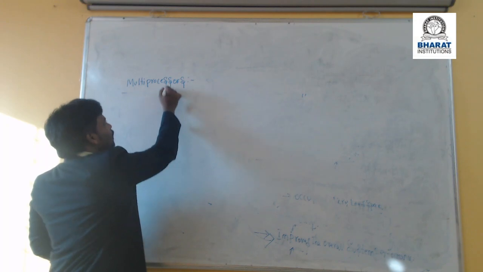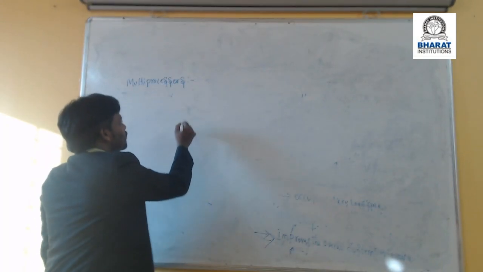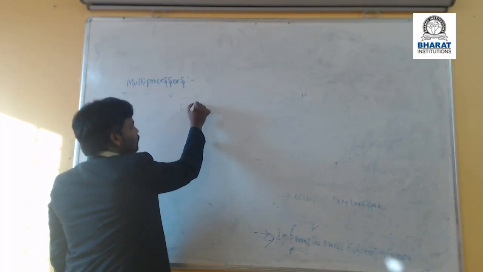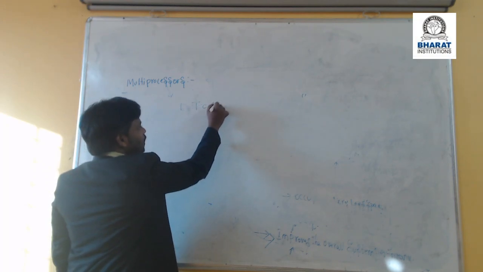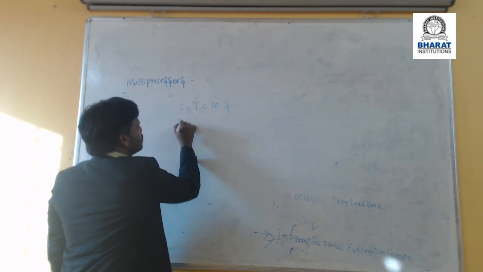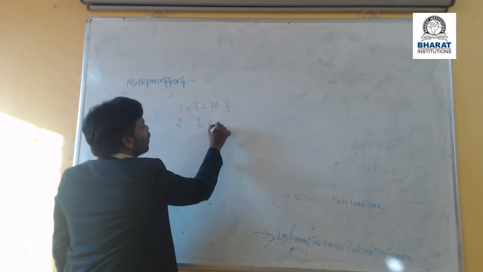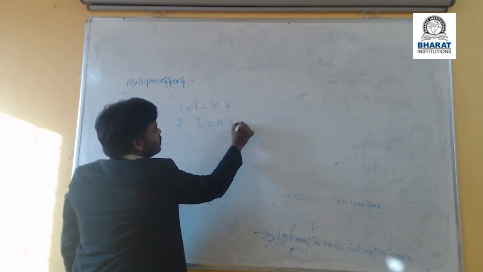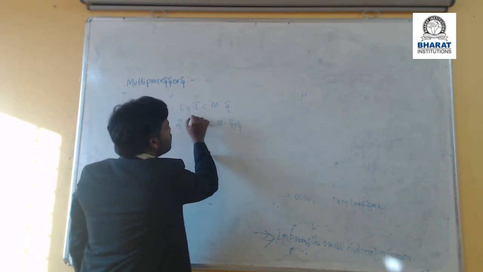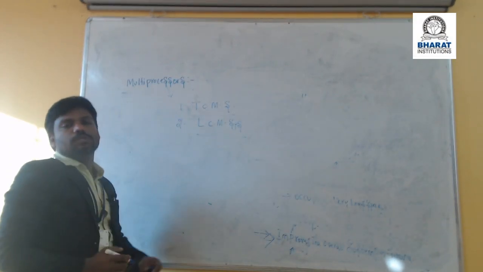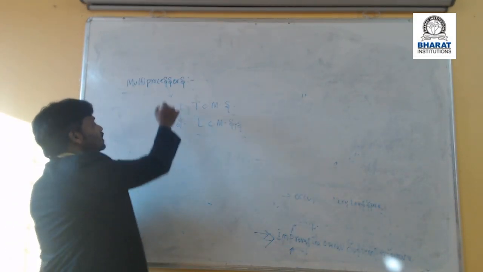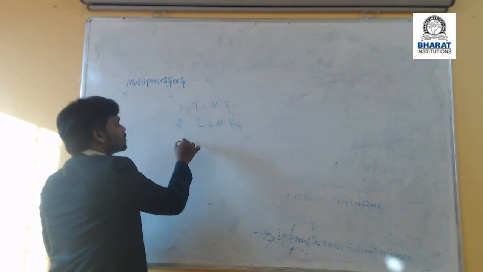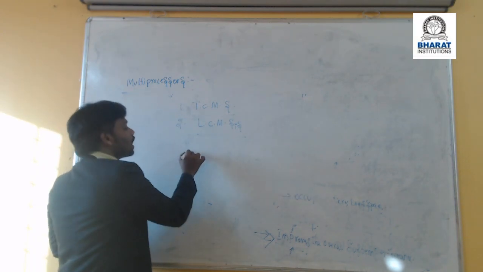According to the memory organization, our multiprocessor system is either a tightly coupled multiprocessor system or a loosely coupled multiprocessor system. What is a tightly coupled and what is a loosely coupled multiprocessor system? This entire classification is based on memory organization.